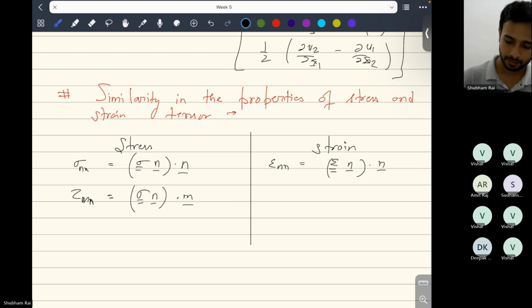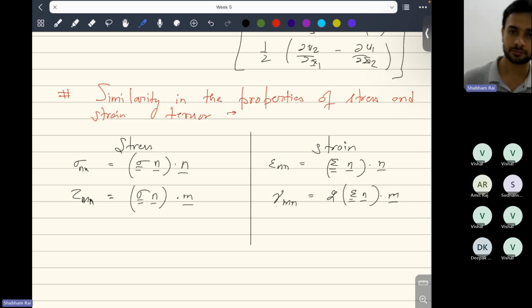And now you have gamma mn, that is shear strain, which is given by twice epsilon n dot m. Here n and m are the directions of two line segments that you consider for finding this shear strain.